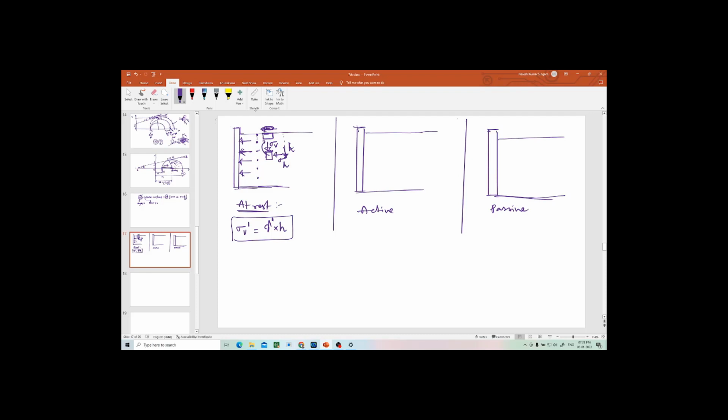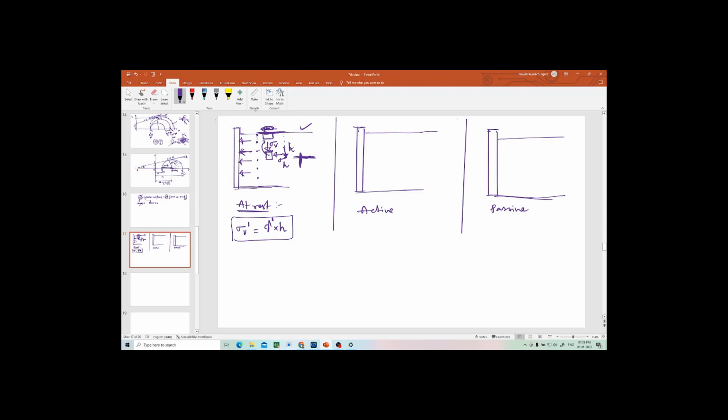So you can say that this horizontal plane is a principal plane, because there is no shear stress. In this particular case, the horizontal plane and vertical plane, both are principal planes, because principal planes are always perpendicular to each other.